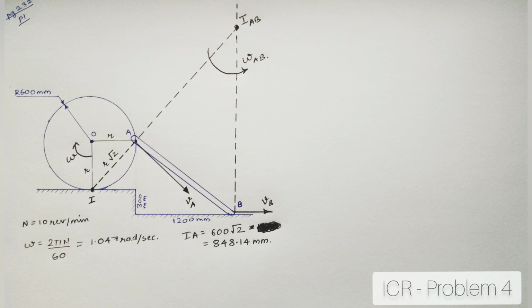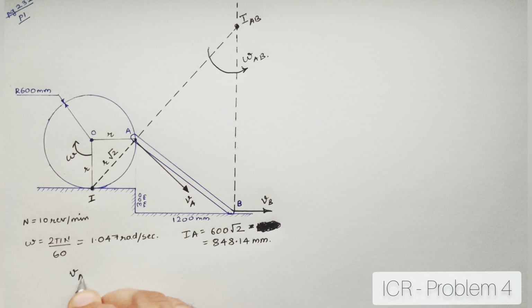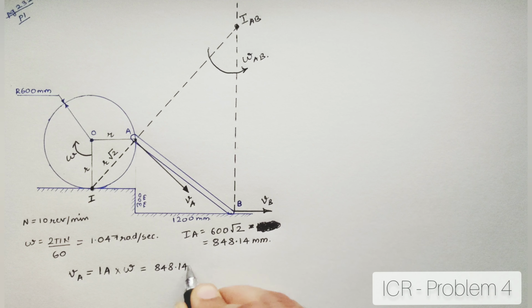So now we have got IA, I can simply find VA. VA can be written as IA into omega. We know what IA is, which is 848.14, into omega, which is 1.047.